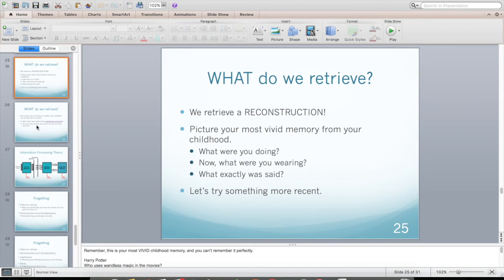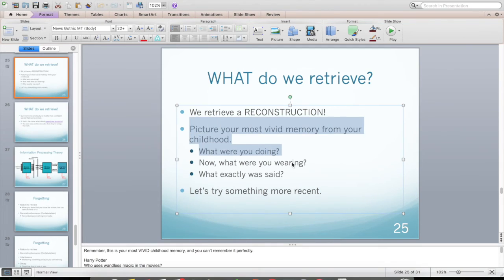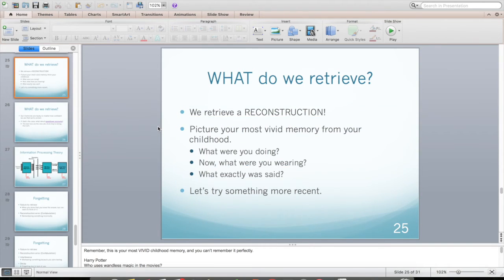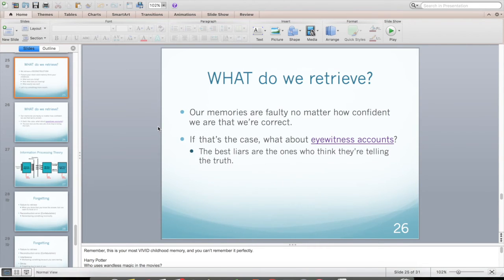And it doesn't matter how familiar you are with it because it's always a reconstruction. Okay? And you can do this activity with yourself, trying to remember exactly what it is. And no matter how vivid and how impactful we think of that memory, something always goes wrong. We can't ever remember anything perfectly.